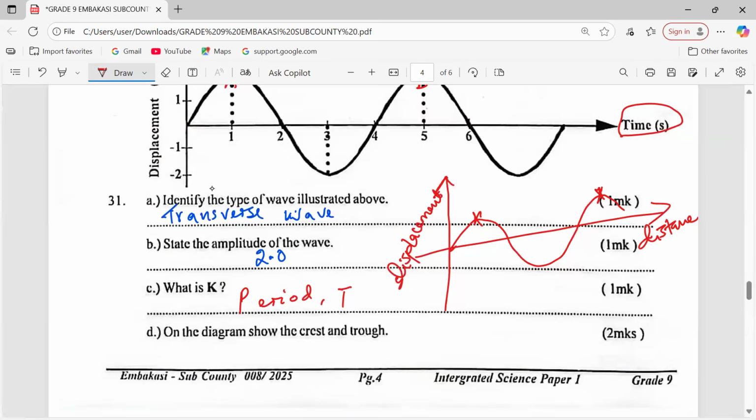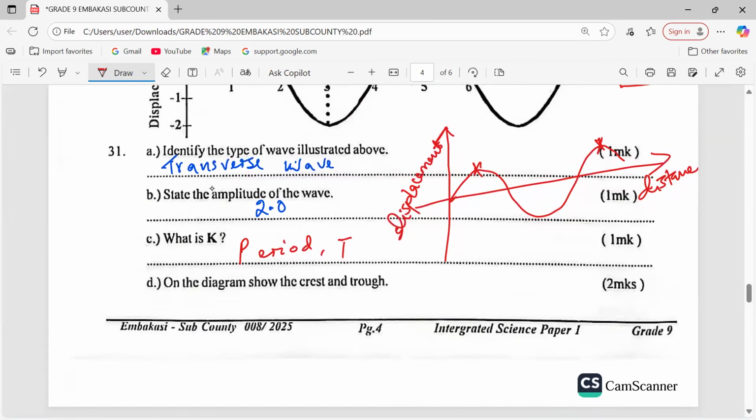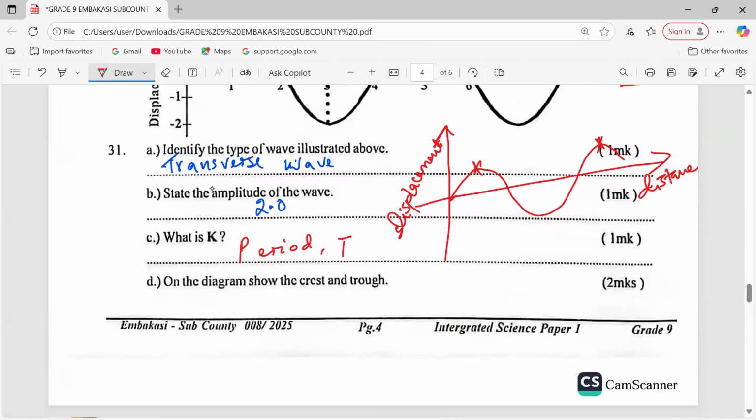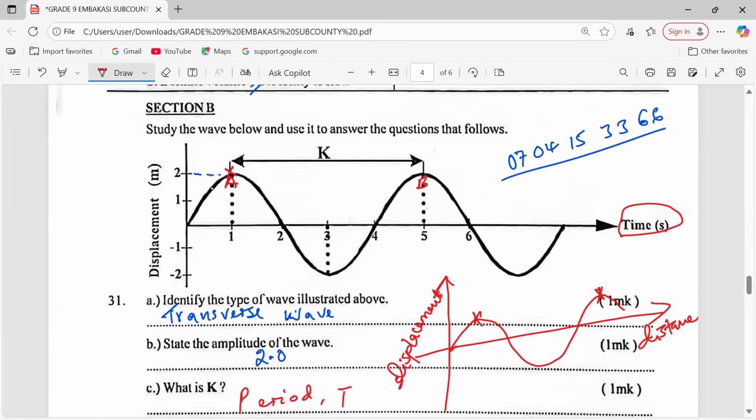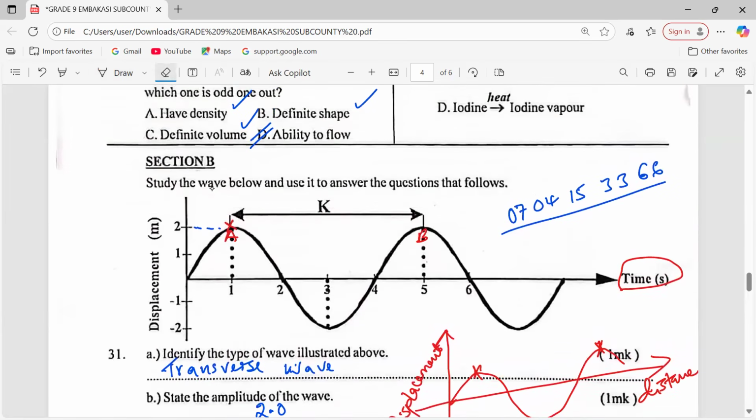On the diagram, show the crests and the troughs. So crest is the topmost point, trough is the bottommost. You look at the topmost, that is our crest.